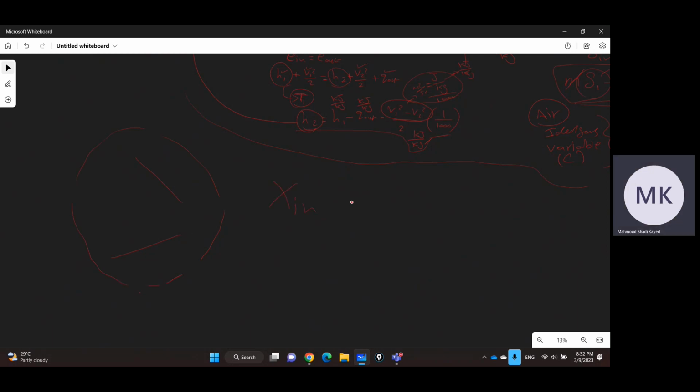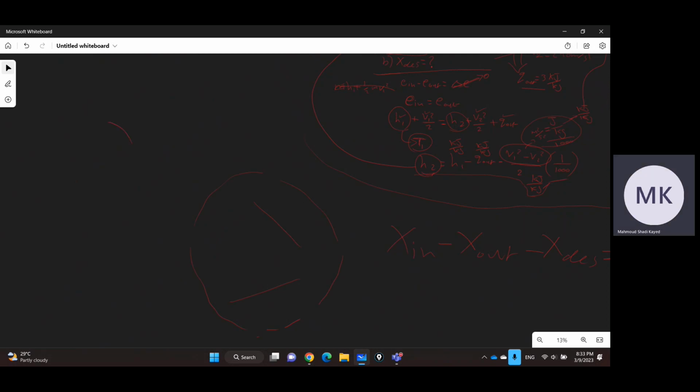So we have the Exergy transfer into the system minus the Exergy transfer out of the system minus the Exergy destroyed. For steady devices, again it is 0. The change is 0. Why is it 0? Because if you take it in the rate form, what does the rate form mean?